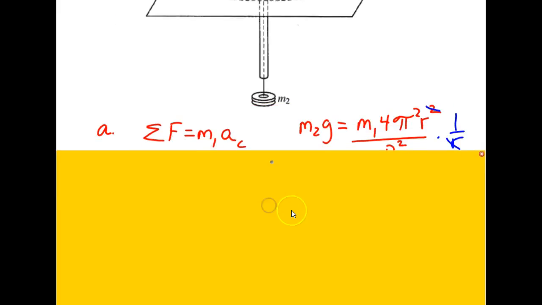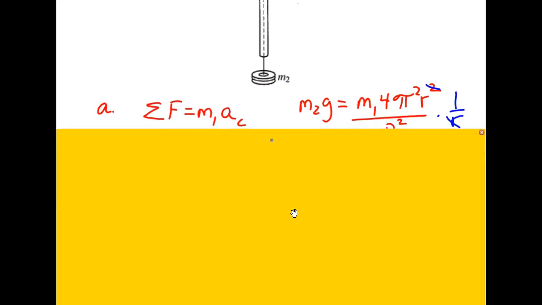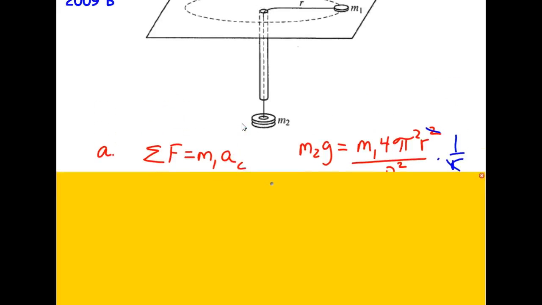Our first step, you probably already get by now that the period is related to the mass by the centripetal force. Ignore this stuff over here on the right for right now. We're going to work down the left side here and then switch over to the right side. So we start off with sigma F equals m1 a_c. Is m1 accelerating?